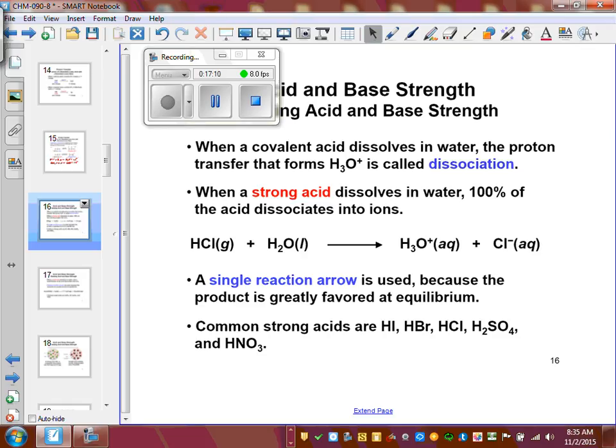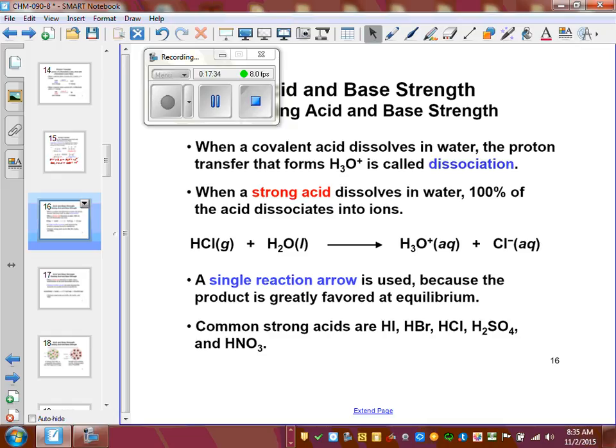Acid and base strength. When a covalent acid dissolves in water, the proton transfer that forms H3O plus is called dissociation. When a strong acid dissolves in water, 100% of the acid dissociates into ions. So here we have hydrochloric acid, which is a strong acid.